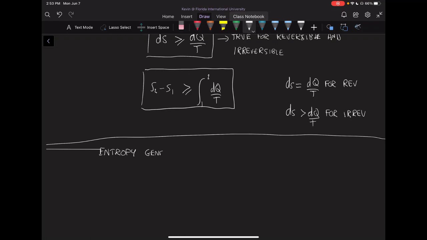So let's define what entropy generation is and come up with a value and a term for it. So in an irreversible process, essentially, we always have entropy being created. So we can say that entropy is created or generated in an irreversible process and cycle.